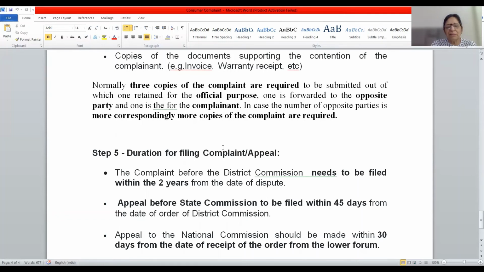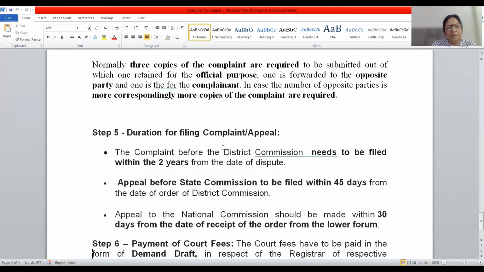An appeal to the national commission should be made within 30 days from the date of receipt of the order from the lower forum. The lower forum is the state commission. After district comes the state, and after state comes the national commission.